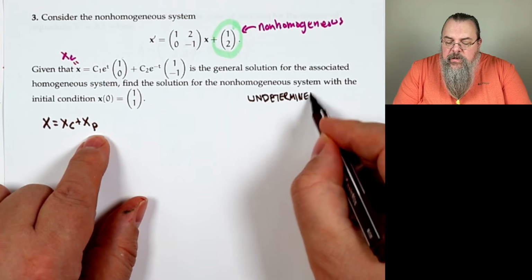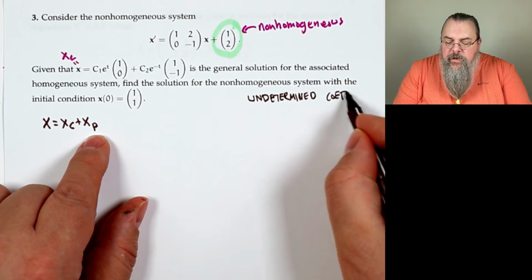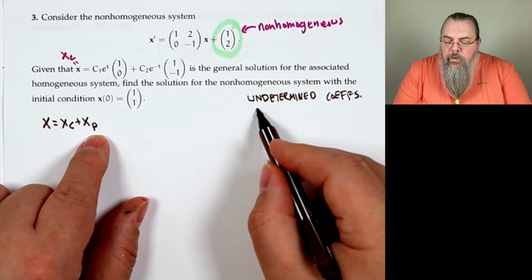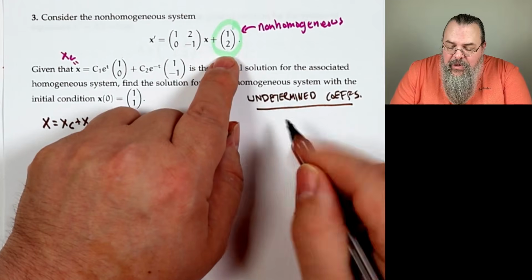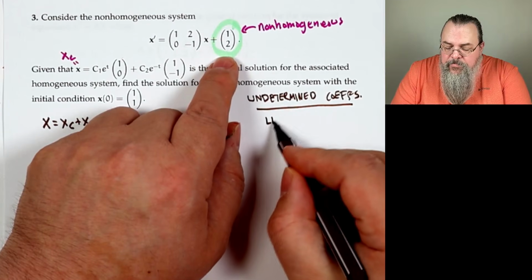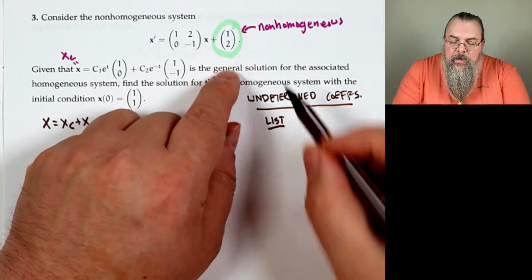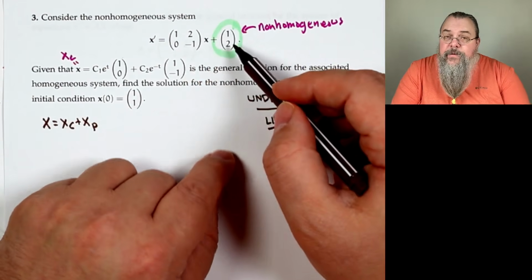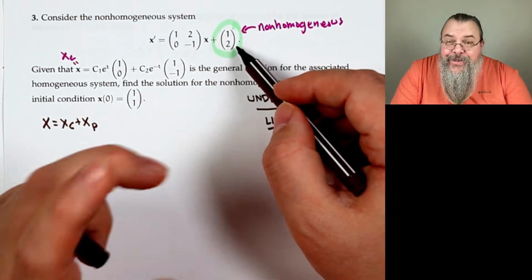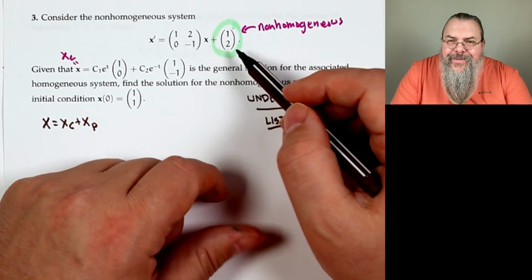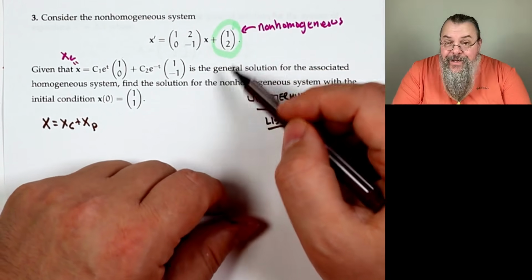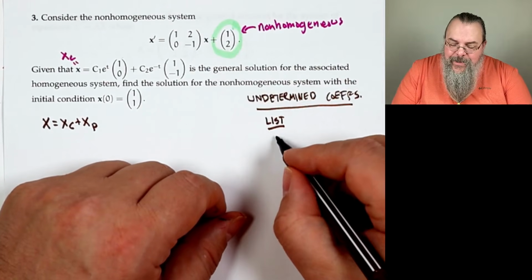And say, all right, what's our plan for undetermined coefficients? Well, I like to say, let's make a list. Let's look at this function and say, what kind of little subfunctions, if you will, what are the pieces made of? And you might say, there's nothing. There's just numbers. Cool. So that's the function called 1.